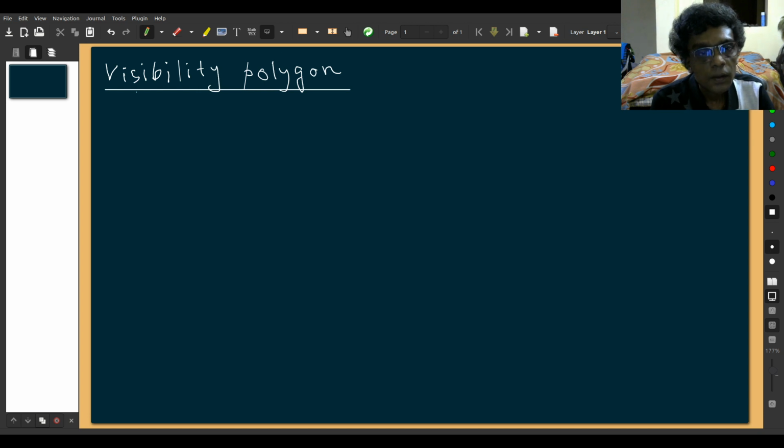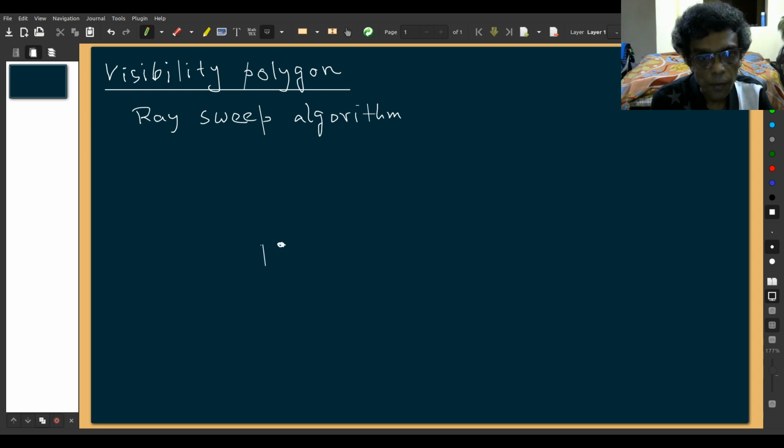Okay. So I will define what it is. This is not a line sweep algorithm. Instead, this is a ray sweep algorithm. In a ray sweep algorithm, what happens?